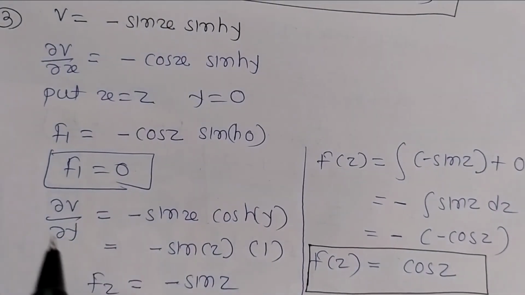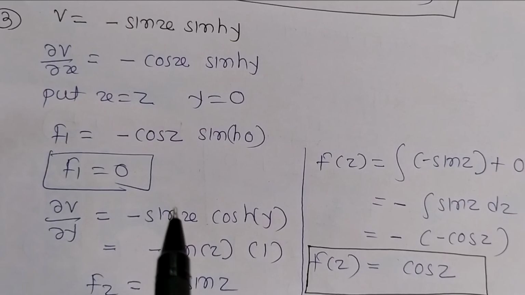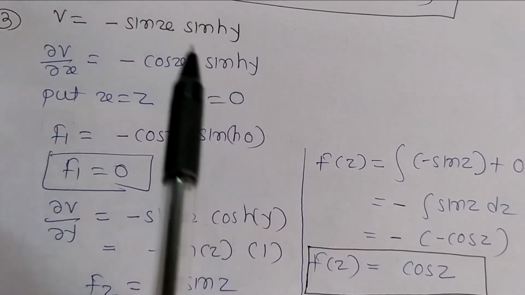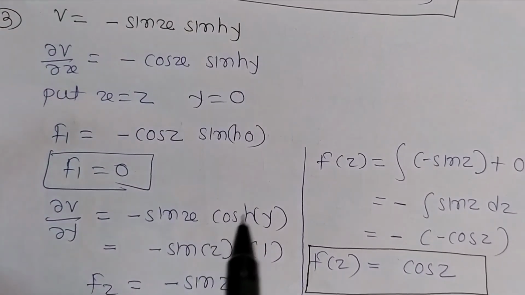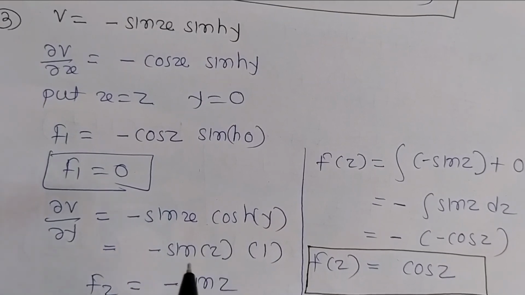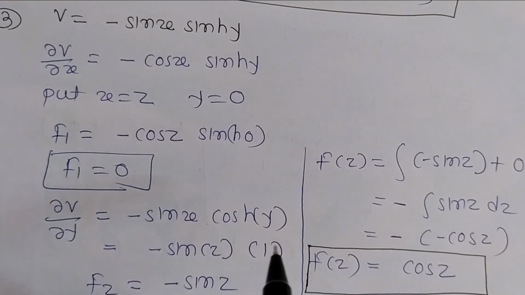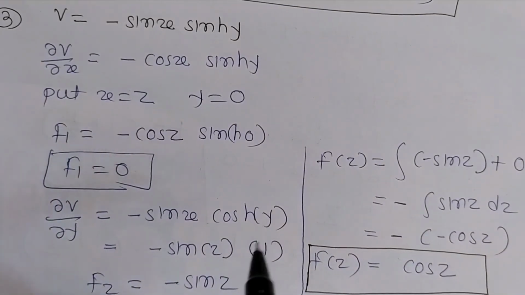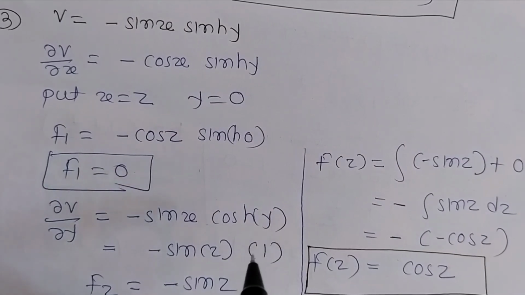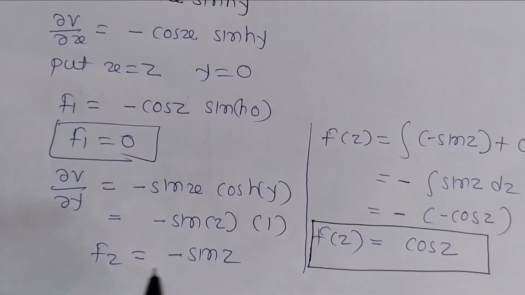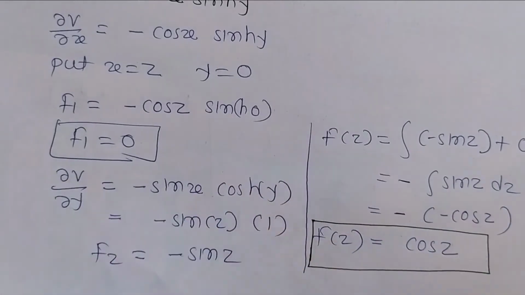Then ∂v/∂y is minus sin x, and the derivative of sinh y is cosh y, so it is minus sin z, and cosh 0 is 1.